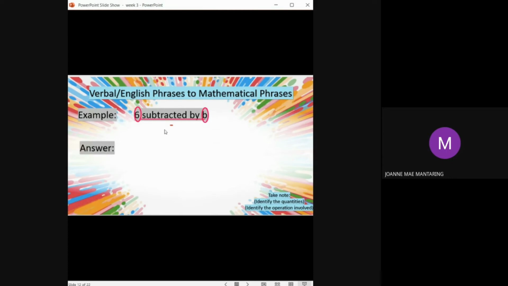At this point, this is not subtracted from. Okay, this is subtracted by. Yung 6, binawasan ni B. So, 6 minus B. Okay? So you have to be careful. From less and less than, subtracted from and subtracted by. Take note of that.